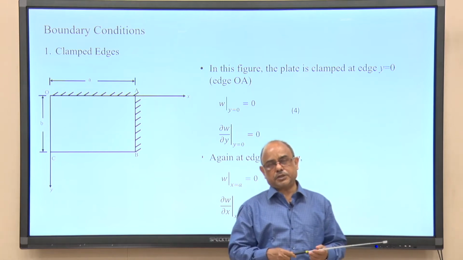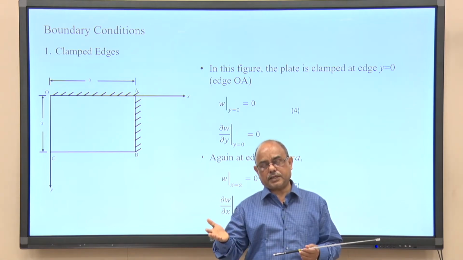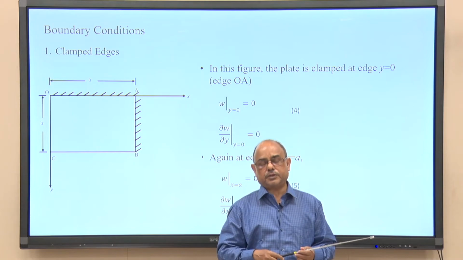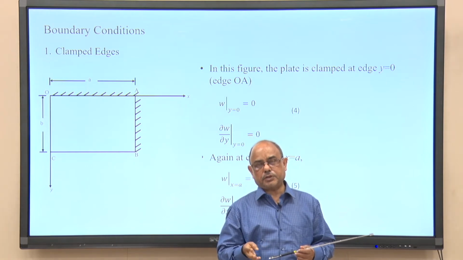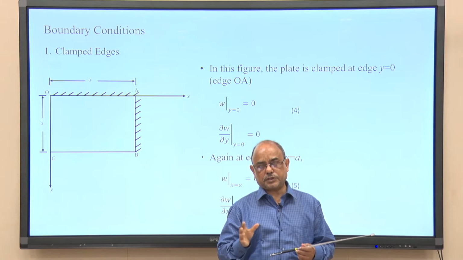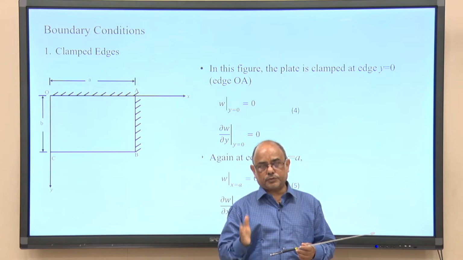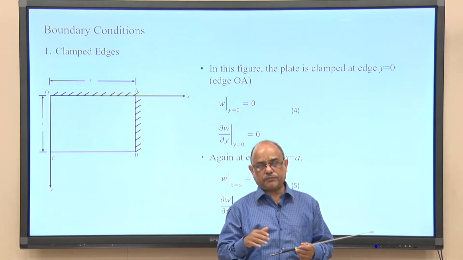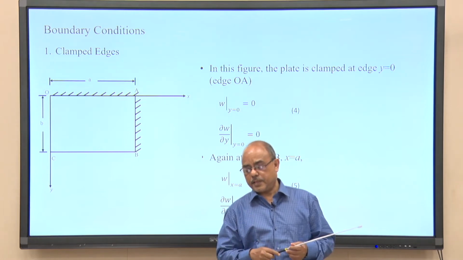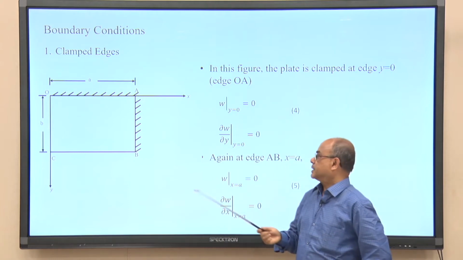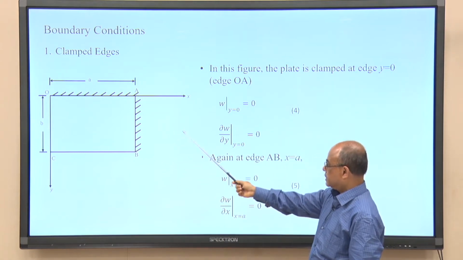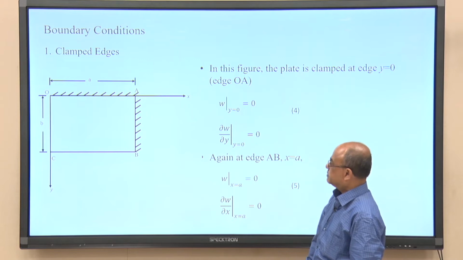One is the geometric boundary condition and another I can term the force boundary condition. In the geometric boundary condition, the deflection and slopes are the parameters that have to be known at the edges, and for the force boundary condition, the shearing force and twisting moment or bending moment have to be known at the edges.